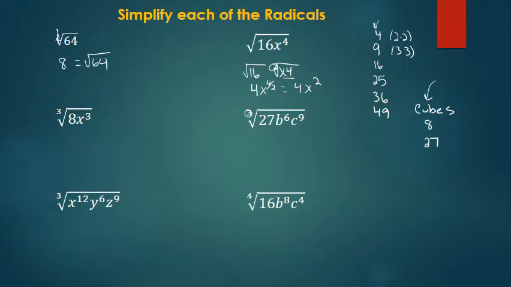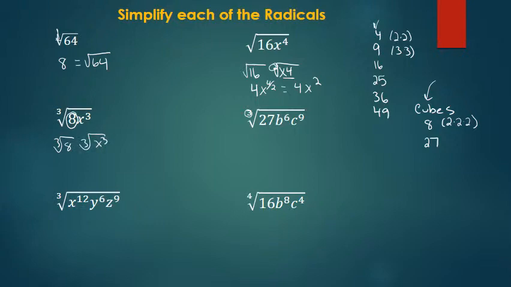All right, so both of those were square roots. Now we're moving to a third root. We want to figure out what number we multiply 3 of together to get 8. Well, in this case, it's 2 times 2 times 2. So I'm going to do the cube root of 8, the cube root of x cubed.